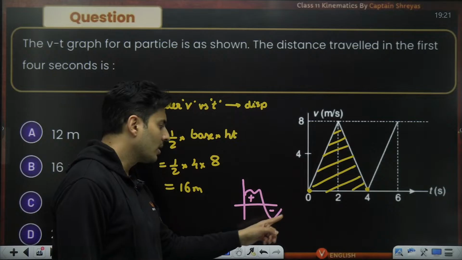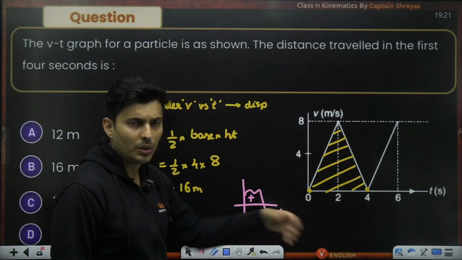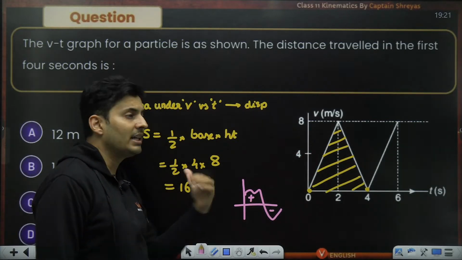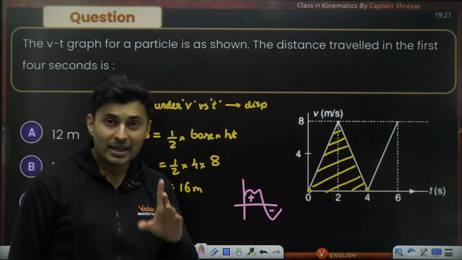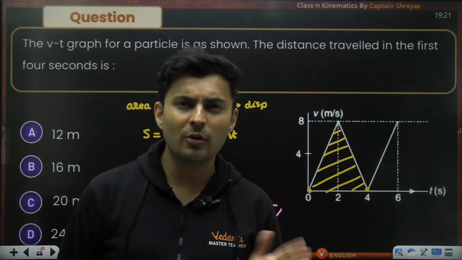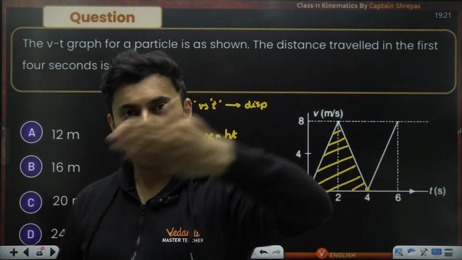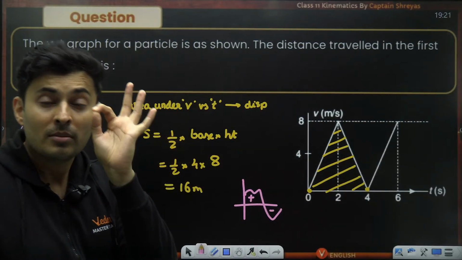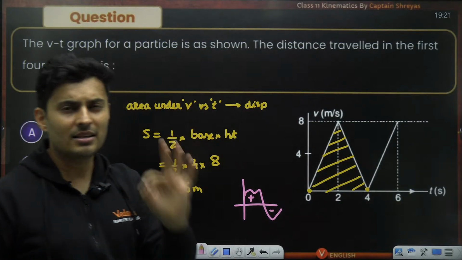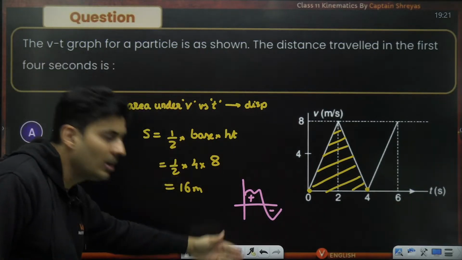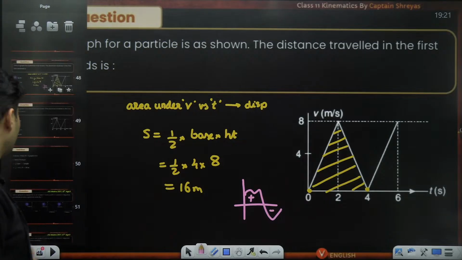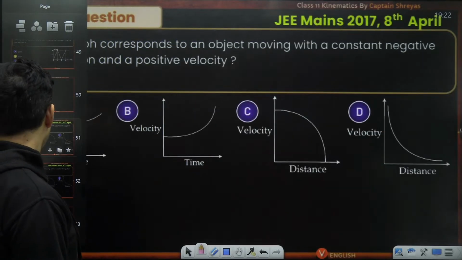If this triangle was below, then this area will be negative 16 meters. So be careful, that negative means the direction is opposite. You are reversing the direction. Those areas may have sign if it is below the horizontal axis. Right now we were safe.